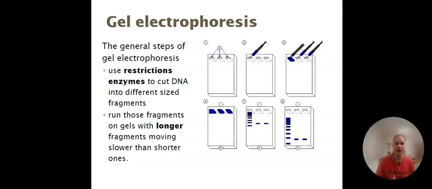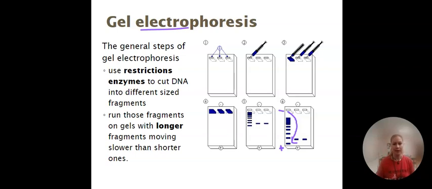That's kind of where that electro part comes in, right? Electrons or electricity. So we will run a current through the gel, negative to positive, and DNA has a negative charge. And so that's what pulls the DNA down to the bottom.